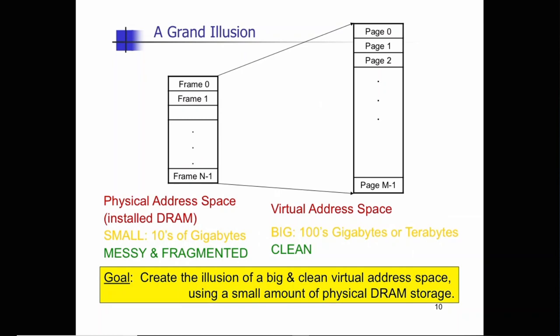And it is going to be messy because the mapping is not going to be very straightforward. It could go in any which way. So by doing this, we create the illusion of a very big and clean virtual address space that we are showing on the right, but in reality we are using a small amount of physical dynamic RAM storage.